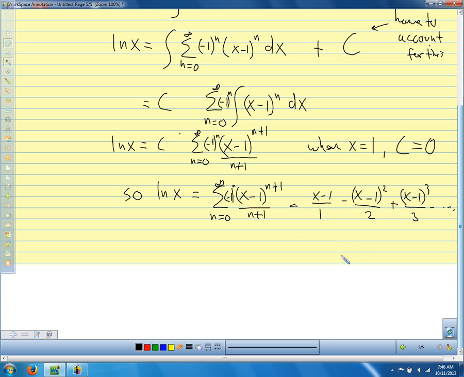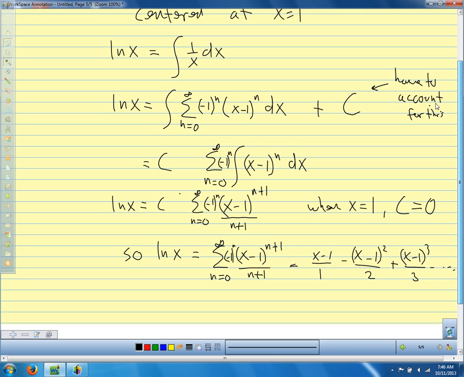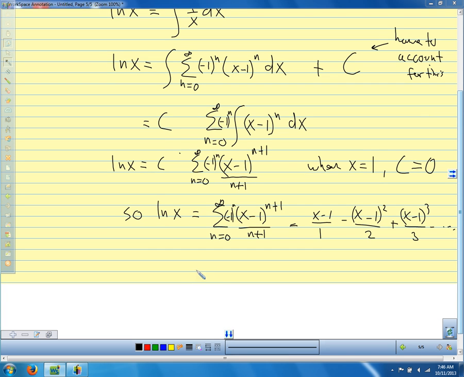And we know that it converges on the same interval, or it has the same radius of convergence, as our series for 1 over x. And we can test the endpoints and see that our interval is (0, 2].